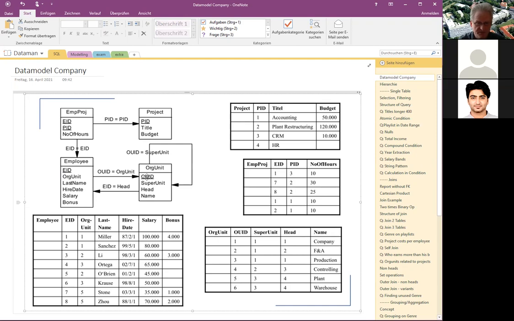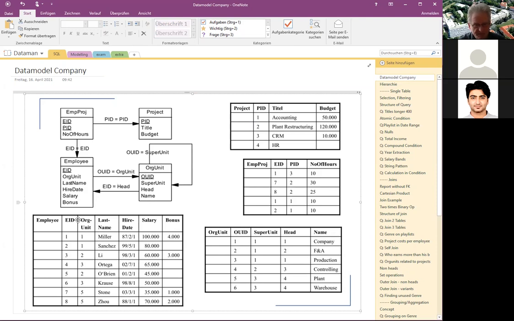That's a primary key here. This foreign key, you might remember, is representing a one-to-many relationship.